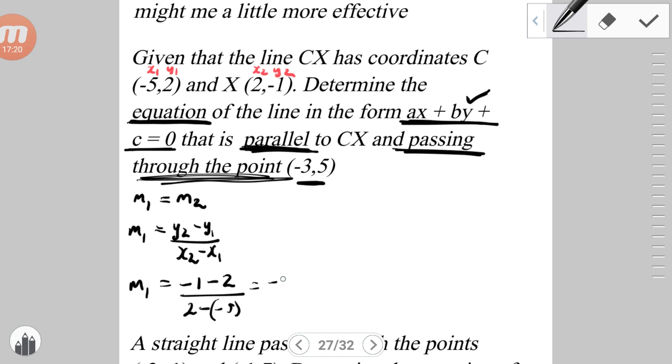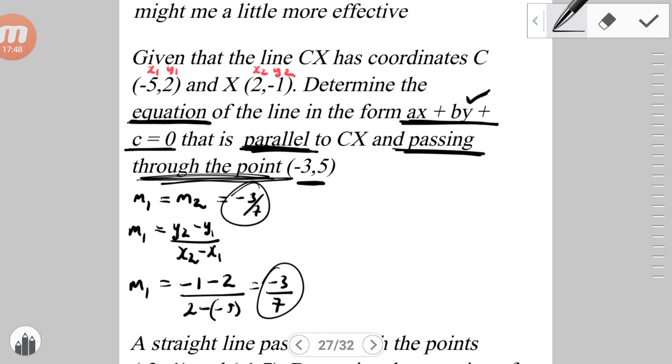This works out to be minus 3 over 7. So this is going to be the gradient of the original line, which is CX. Automatically now, that becomes the gradient of any line that is parallel to CX. So the gradient there is going to be minus 3 over 7 for m2.